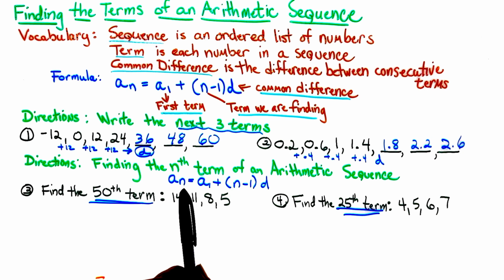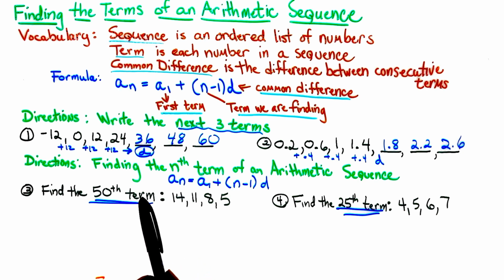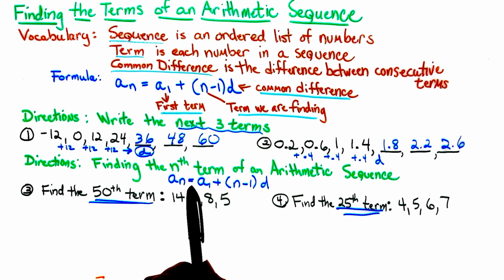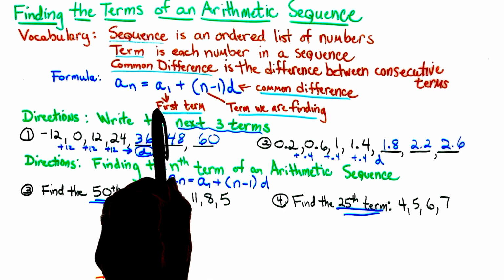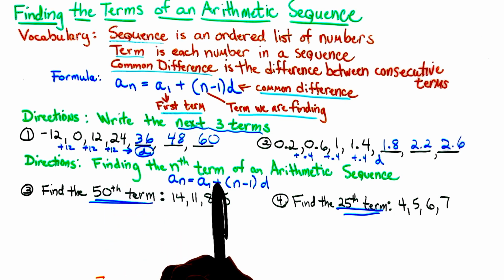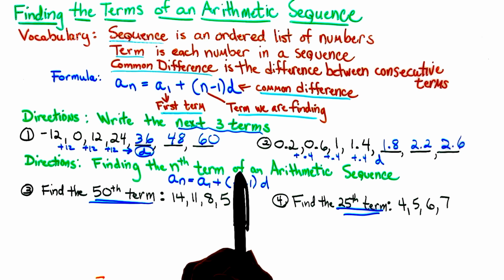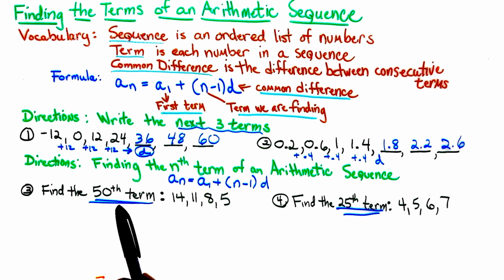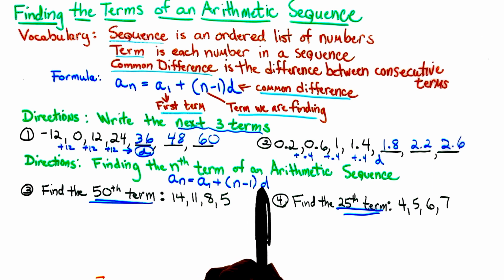It's a sub n, and that will be what term you're finding, equals the first term right here, plus n, which is the term that we are finding, minus 1 times the common difference.